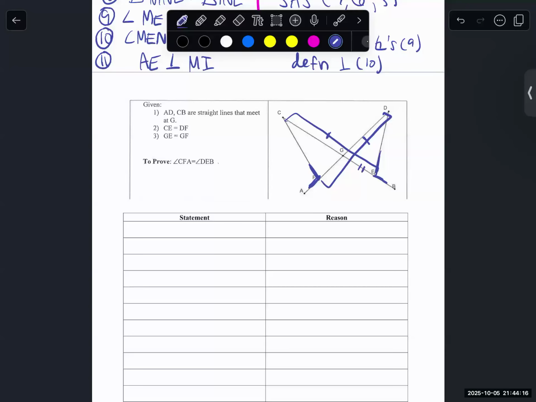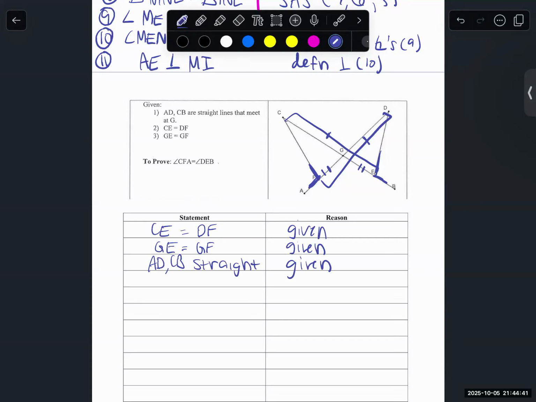And I can also say GE is equal to GF. Now, as I write those, I'm actually going to write the straight line one too, because I have an inkling I'm going to use vertical angles, which means I need that one.